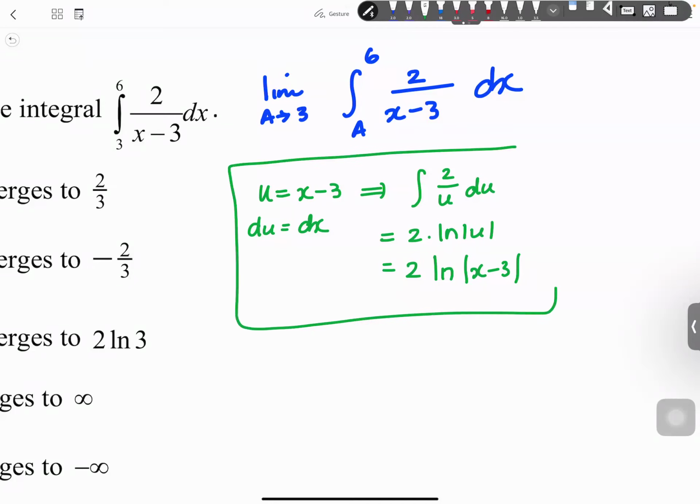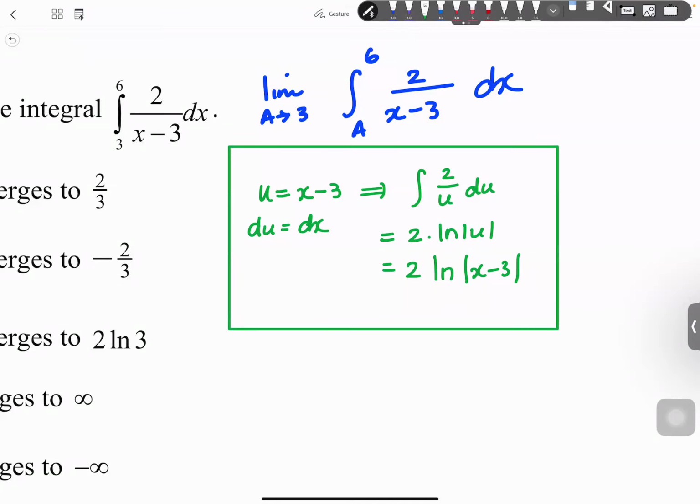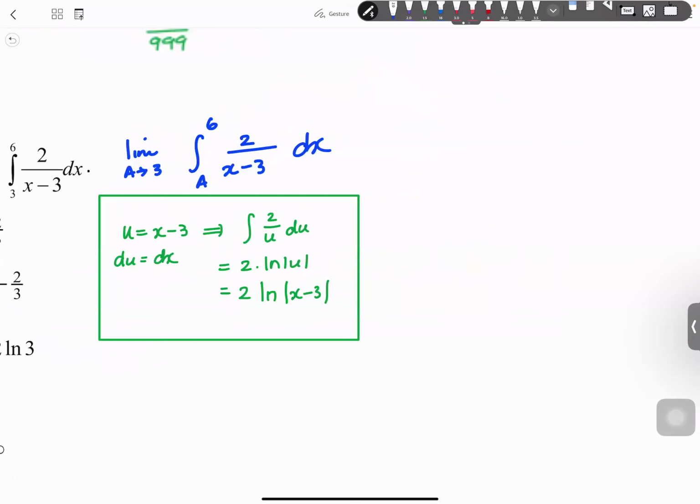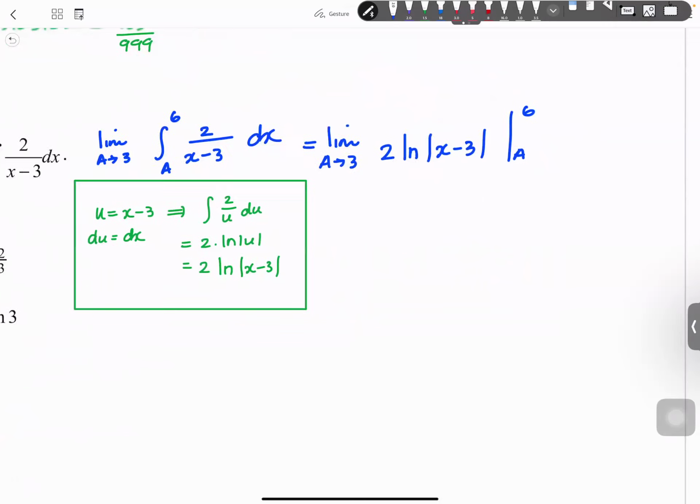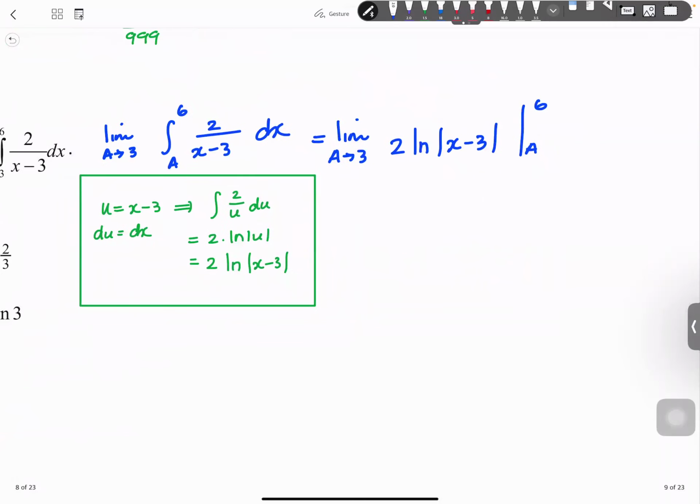All right, so just keep this over here for a second and return to our problem. So our problem then is going to be, we're looking for the limit as a approaches 3 of 2 times the natural log of the absolute value of x minus 3, and we are evaluating from a to 6. All right, so the fundamental theorem says we need to plug in top minus plug in bottom.